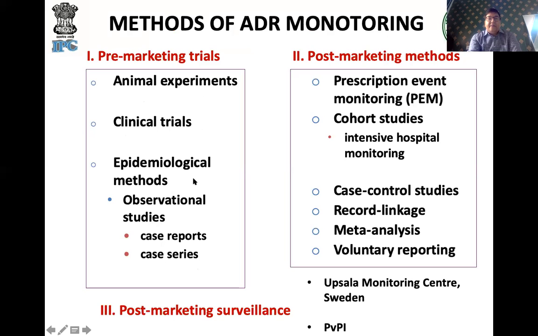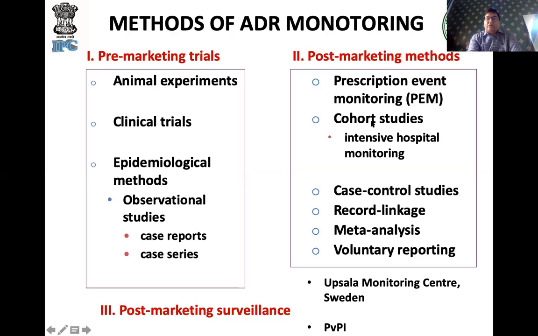All these pre-marketing trial data compile the adverse reactions which occur with the use of certain drugs in the population. Then after the pre-marketing trials, we have the post-marketing methods of collecting data on adverse drug reactions related to the use of drugs, such as post-prescription event monitoring.